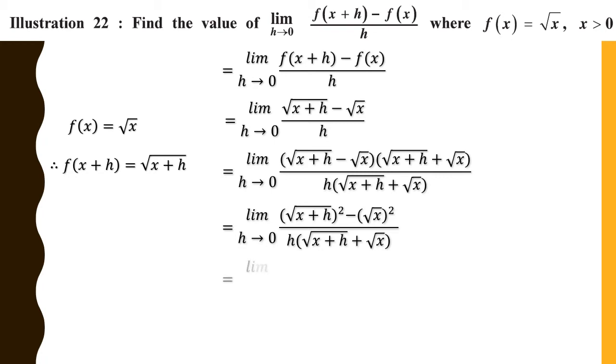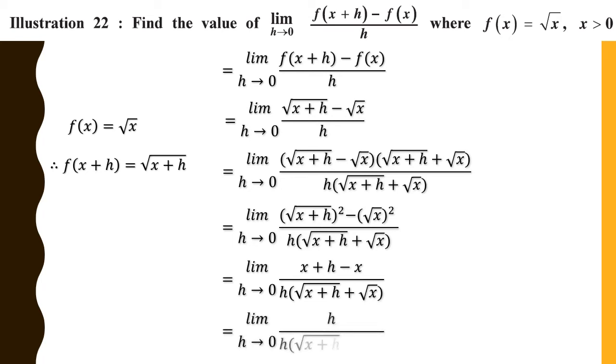Now the numerator will be converted into root x plus h whole square minus root x whole square. So these squares will be cancelling the square roots in our equation. So we are going to write x plus h minus x simply like that, and the positive negative x's will be cancelled, and we will be left with only h in the numerator and another h in the denominator.